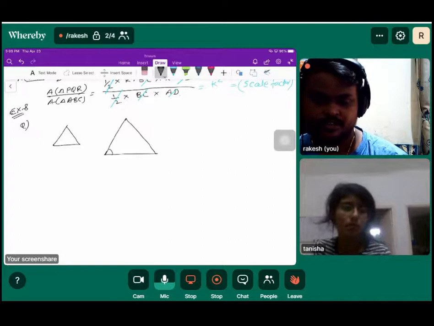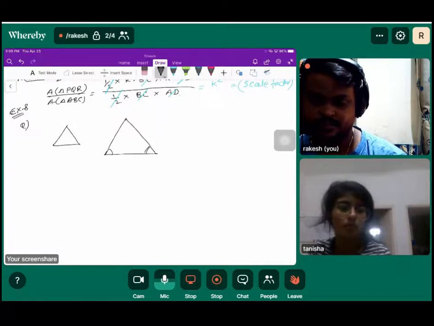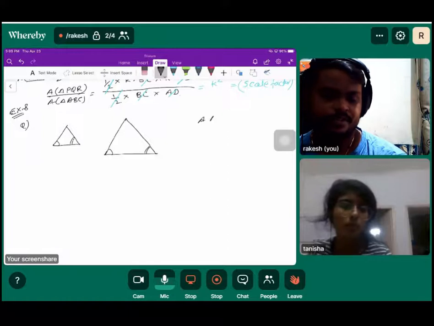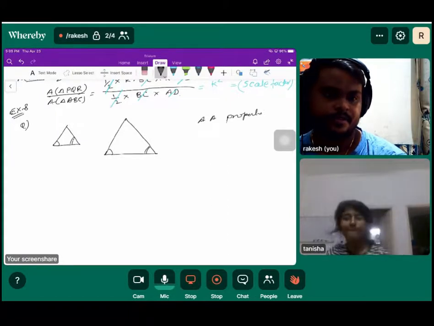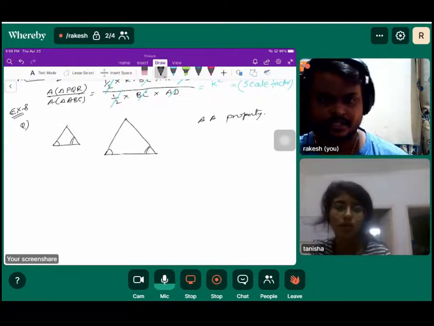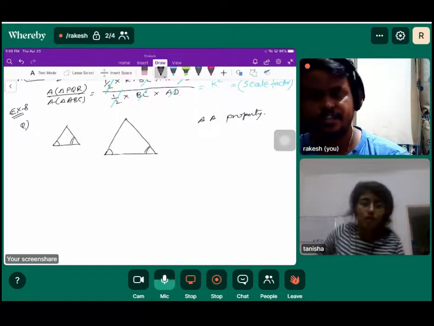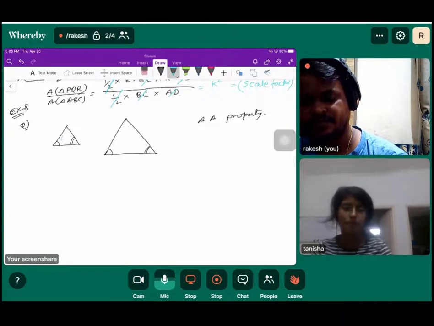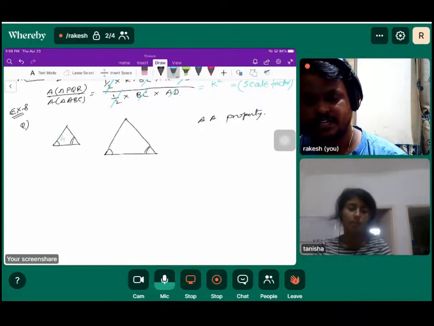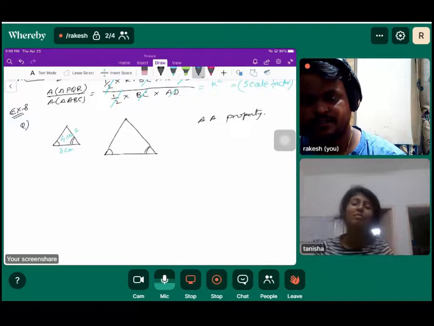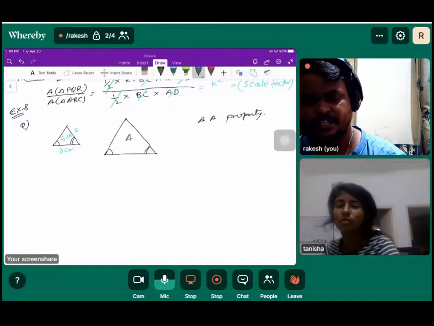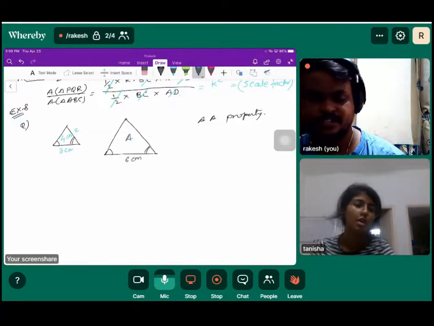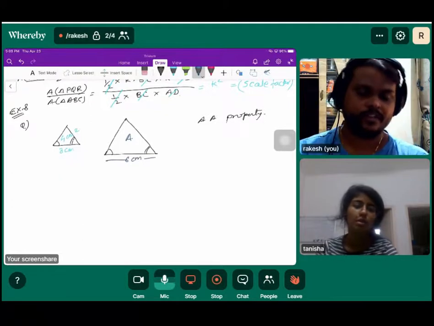Both are similar triangles, right? Because of angle property, because two angles are equal in both the triangles, so they are similar. So if the area of this small triangle is 4 centimeter square, and the length of this base is 3 centimeter, and the area of this is denoted by capital A, and the length of this side is 6 centimeter, can you figure out the value of A in this case?